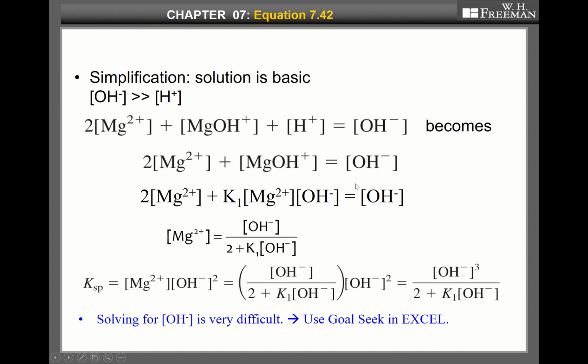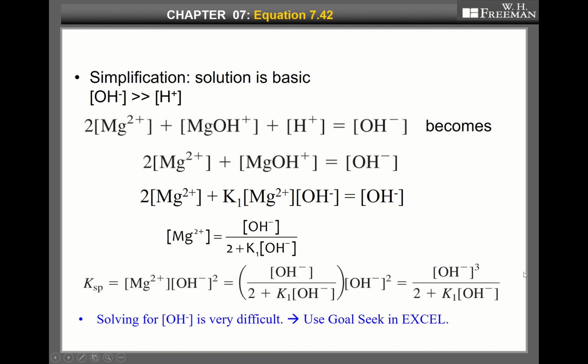Using the equilibrium constant, we rewrite this one. Using K1, instead of magnesium monohydroxide, we can write in terms of magnesium and hydroxide ion concentration. Here the magnesium ion concentration is given by this very simple equation, and applying the Ksp into this one, the Ksp equation eventually becomes this way.